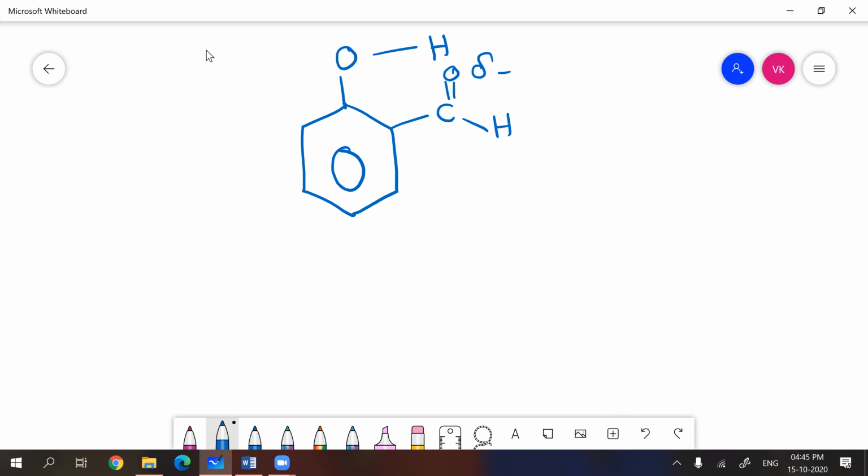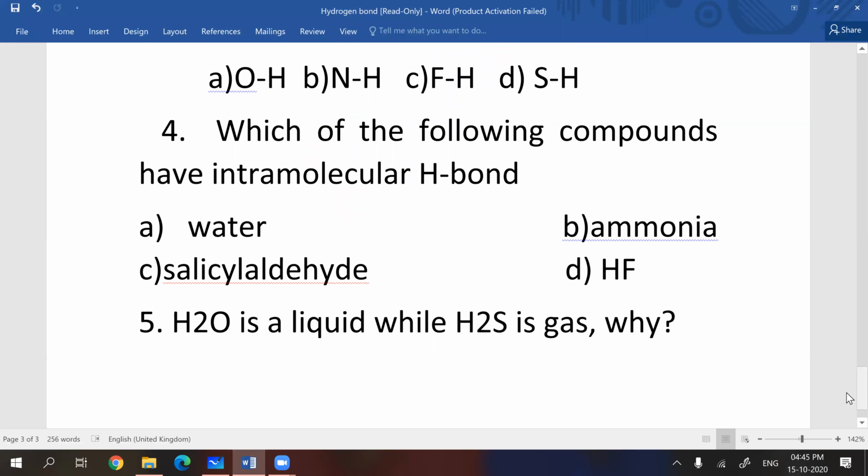Here oxygen will get a negative charge and hydrogen will get a positive charge, and between these two there exists a hydrogen bond. It is an intramolecular hydrogen bond. So the answer to this question is salicylaldehyde.